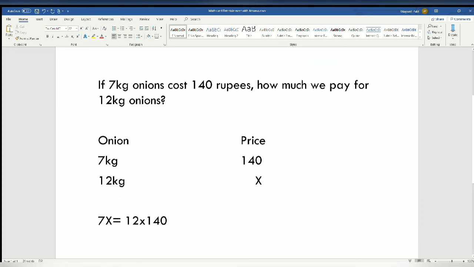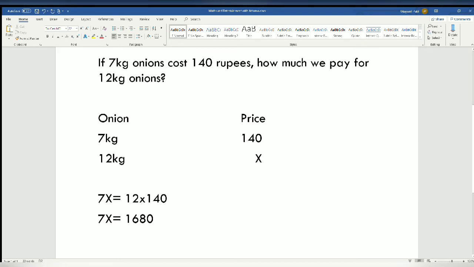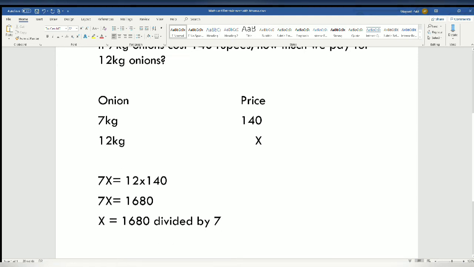Then it becomes 7x equals 1680, and then we take x on one side and 7 on the other, so x equals 1680 divided by 7.